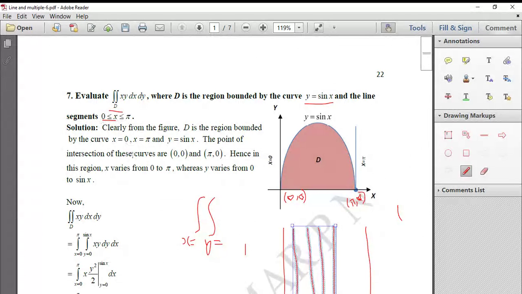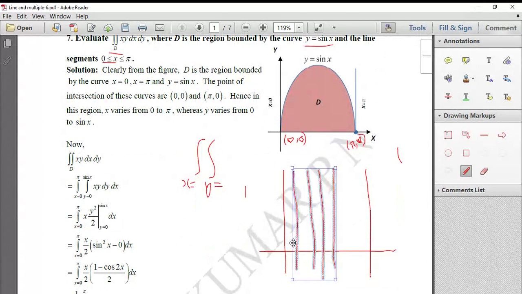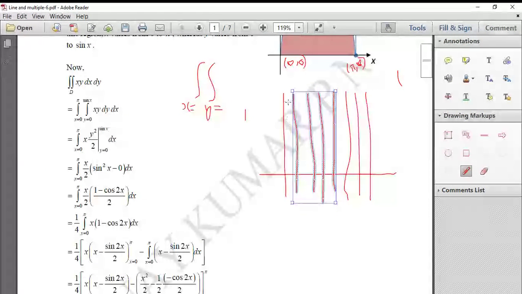So we have to assume that x is greater than or equal to 0 and less than or equal to pi. Now, we have two curves. One is the region from x equal to 0 to x equal to pi. So we have to collect all the points where x is greater than or equal to 0 and x is less than or equal to pi.